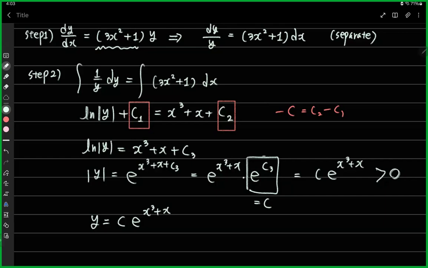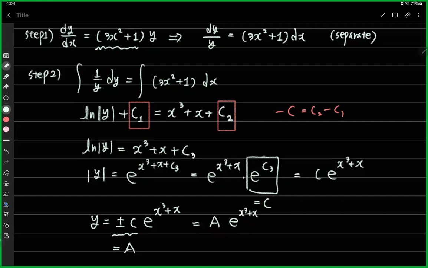Wait a second. Oh yeah, I think I made a mistake. We do have to put the plus or minus sign. So we said this one is equal to plus or minus C. Let's say A. So this is equal to A times e to the x cubed plus x.